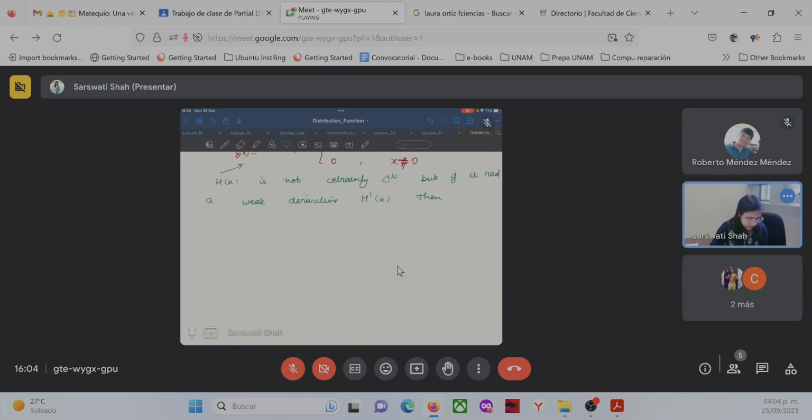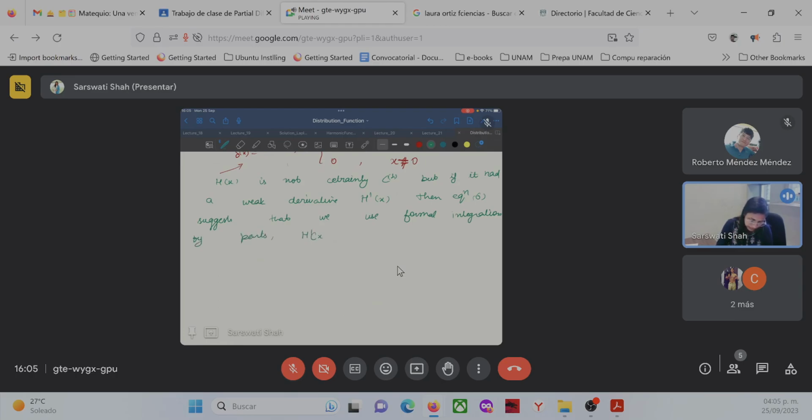then equation 6 suggests that we use formal integration by parts.